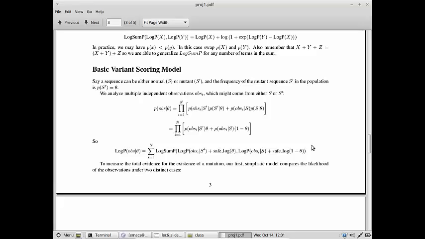So we're assuming that each individual read is an independent draw from this distribution characterized by a mixture of population allele frequency versus sequencing error.